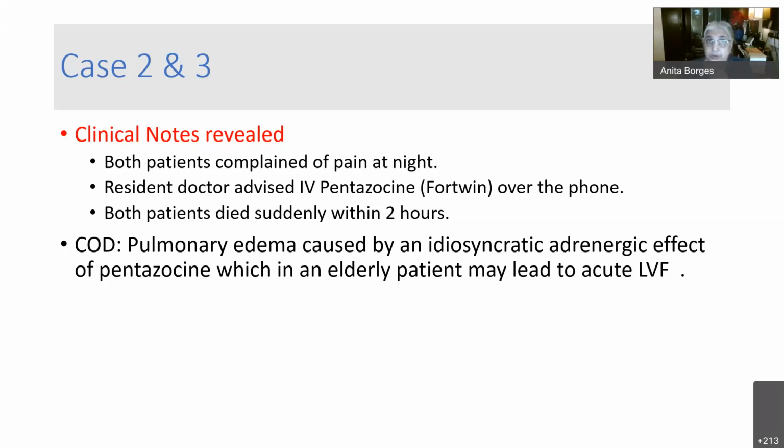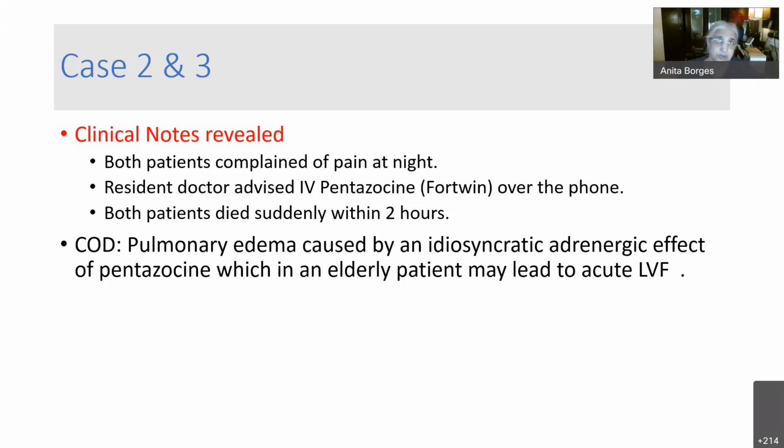But let me tell you that this is not just in elderly people. In elderly people it can be more devastating, but I have actually seen a young woman under anesthesia who had this idiosyncratic adrenergic effect. The anesthetist gave Fortrin, which is commonly given with Phenergan, a very good sedative, and suddenly this woman started frothing at the mouth.